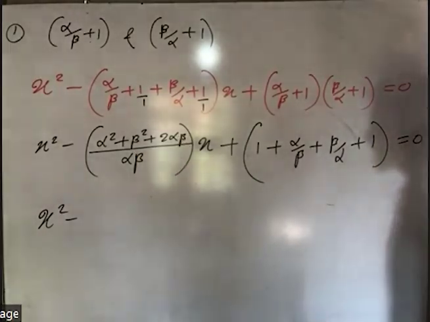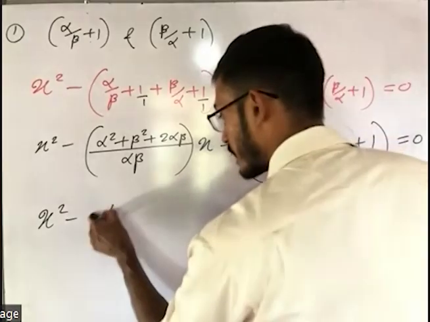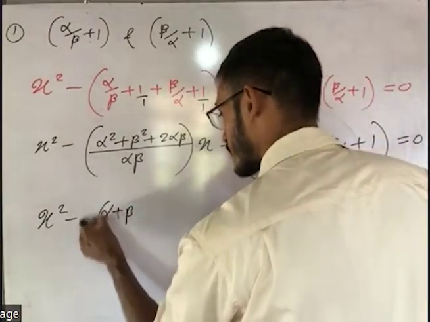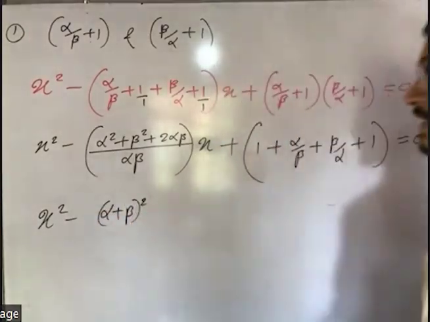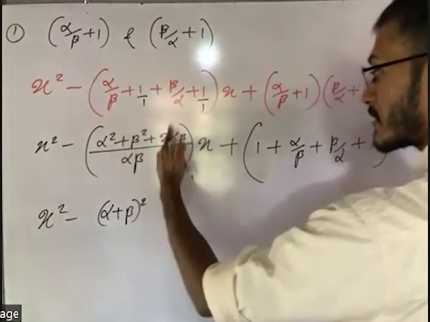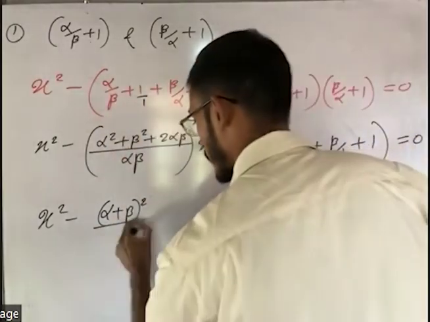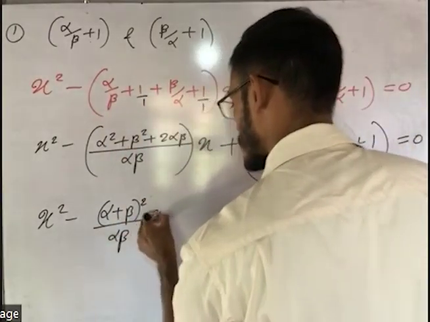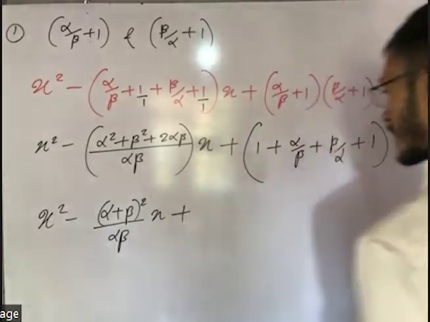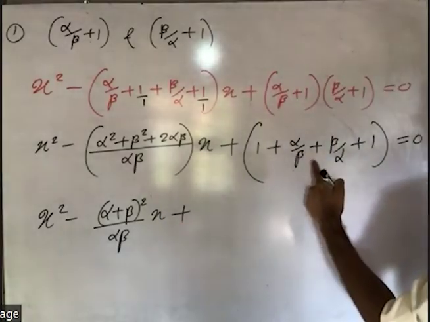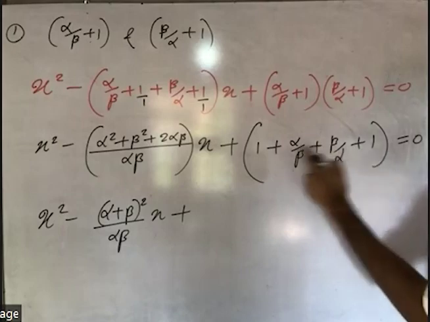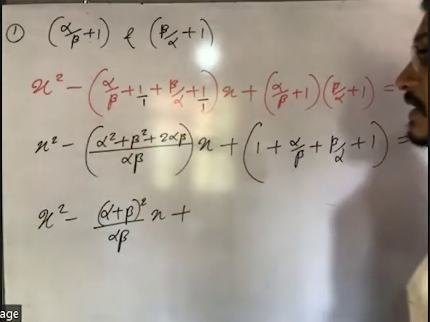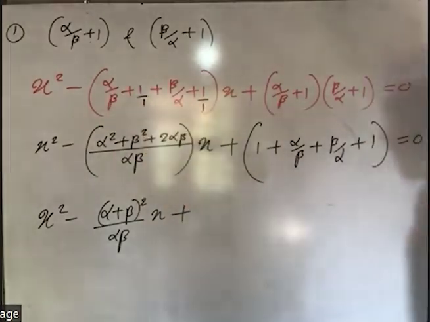Right. Now we can write down x square minus, so here alpha square plus beta square plus 2 alpha beta, that is the expansion of alpha plus beta square. If you expand this, you will get alpha square plus beta square plus 2 alpha beta over alpha beta into x plus, let's simplify this one. Here alpha over beta plus beta over alpha plus 2, same as this term, right?